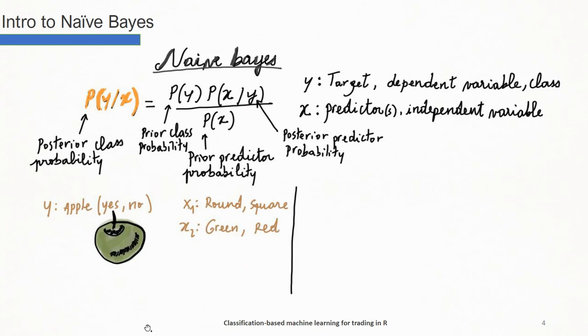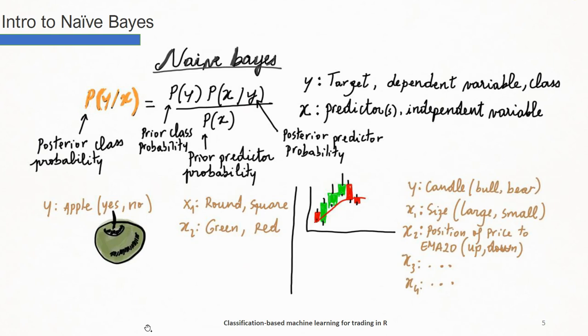This is the sort of calculation that we will use in our trading strategy. Let's look at the next example to have an idea. Say we want to predict, as we are trying to do now, whether the next candle is going to be bull or bear, right?